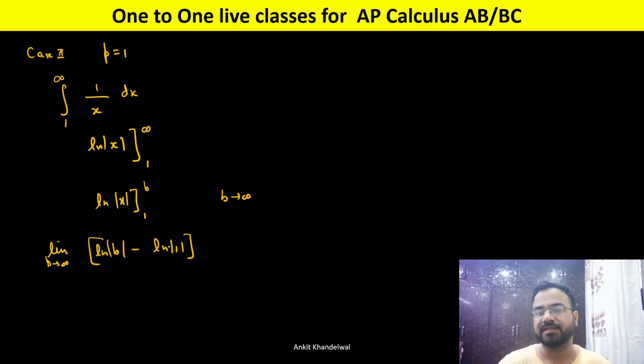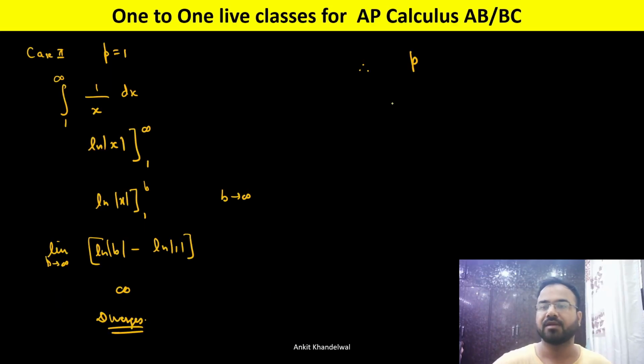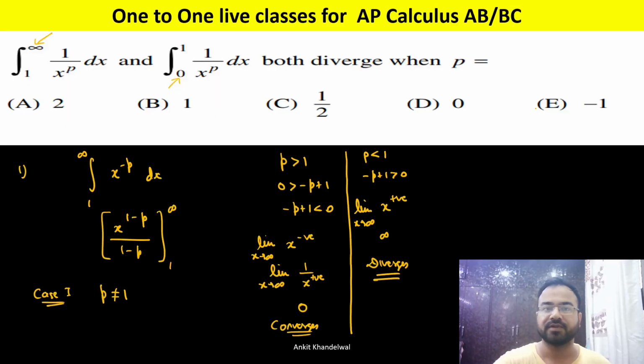Now ln of 1 is 0, and when b goes toward infinity, ln of infinity is also infinity, so we can say it diverges. Therefore the result for p is: for p greater than 1 this converges, and for p less than or equal to 1 it diverges. This is the result for the first question.